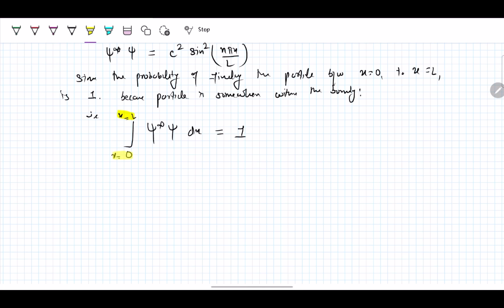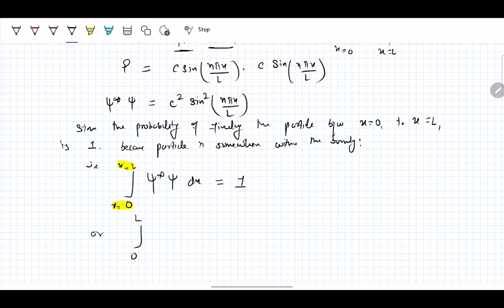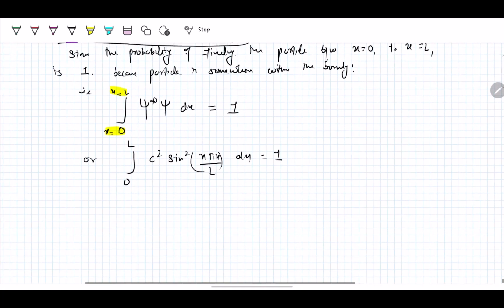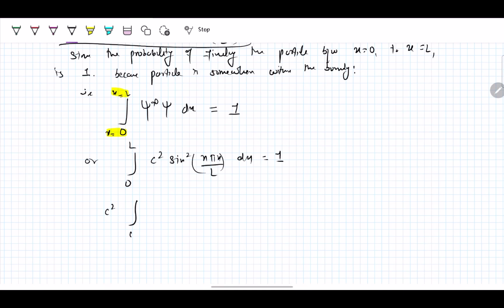Using the above relation, psi star psi is equal to c square sine square n pi x over L, and dx is equal to 1. Taking c outside, this is 0 to L sine square n pi x over L dx equal to 1.